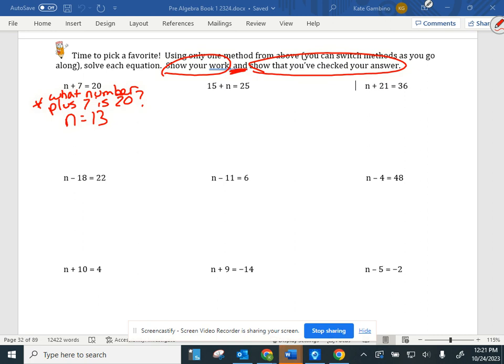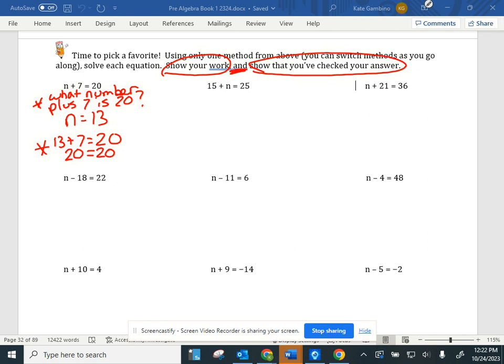But now I have to go back and check it and say 13 plus 7 equals 20. 13 plus 7 is 20 equals 20. This is showing that I checked my work. So you must do both things. You must show your work to get your answer and show that you are checking it. This is checking your answer: putting it into the equation and equaling out, balancing both sides of the equation. 20 does truly equal 20.